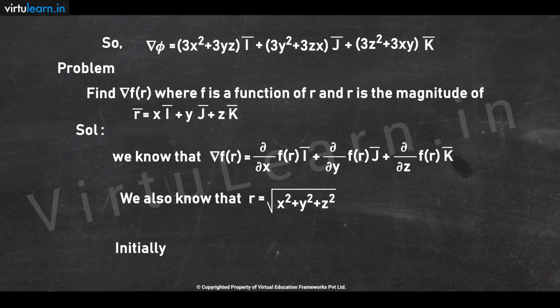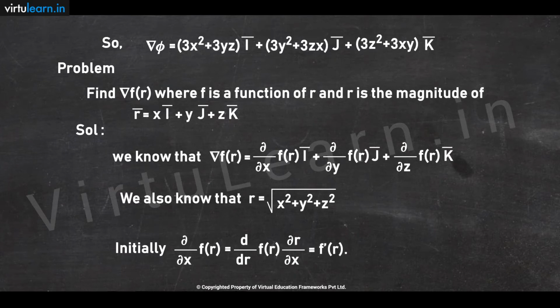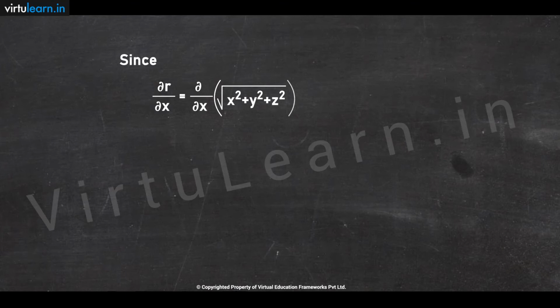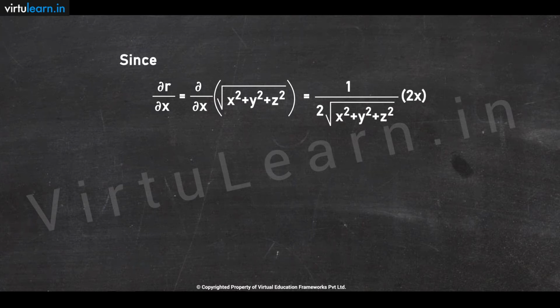Initially, dou by dou x of f(r) is equal to d by dr of f(r) into dou r by dou x, or f dash r into x by r. Why is dou r by dou x equal to x by r? Dou r by dou x means dou by dou x of square root of x square plus y square plus z square, or it is 1 by 2 root x square plus y square plus z square into 2x, or it is x by r.